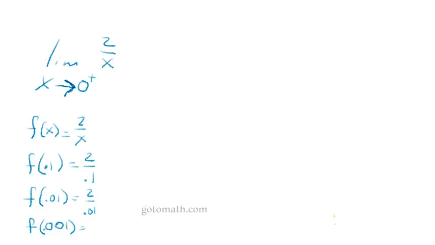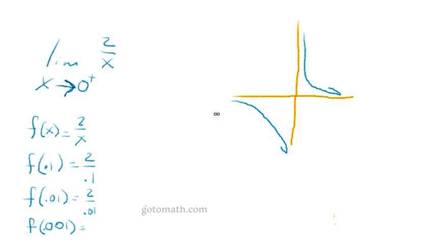But what I'm going to do here is just draw a picture, and of course the graph looks something like this. It really helps to know what these graphs look like. In this particular one, we are approaching 0 from this side.